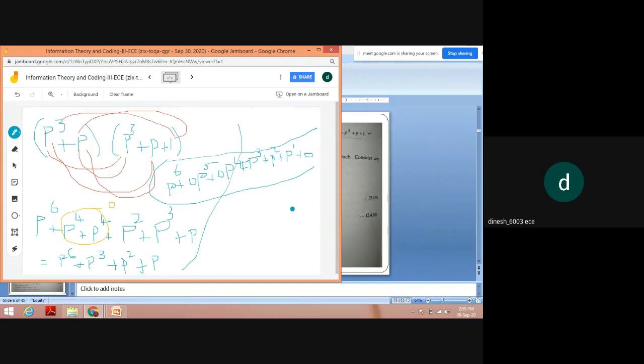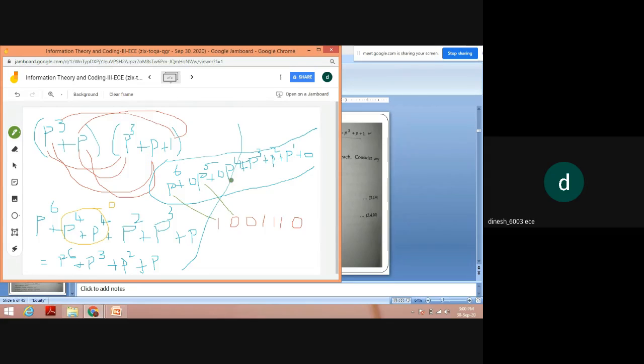So now convert this to messages. If I convert this to messages, I'll write in red. So 1 0 0 1 1 1 0, positions 0 1 2 3 4 5 6 7. For p power 6 I have 1 into p power 6. For p power 5, 0 into p power 5.